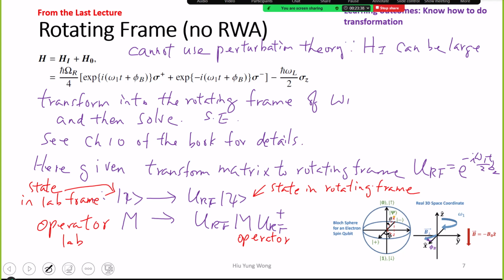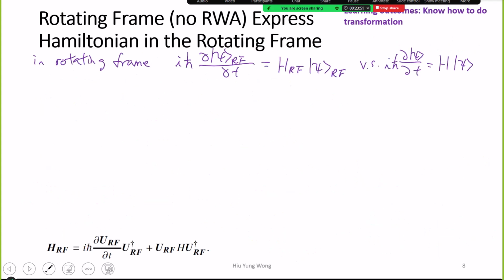Again, this is not a part of the midterm, right? But I want you to appreciate this. And the reason I do this is because I want to prepare myself to solve the Schrödinger equation. Now, if I jump on the rotating frame, everything is rotating, then I follow the Schrödinger equation.